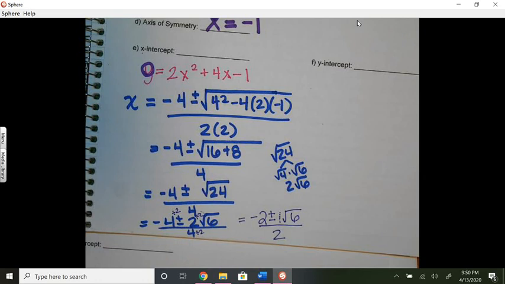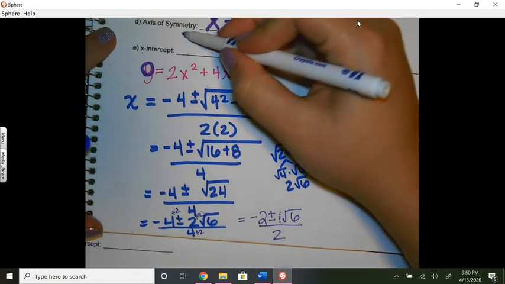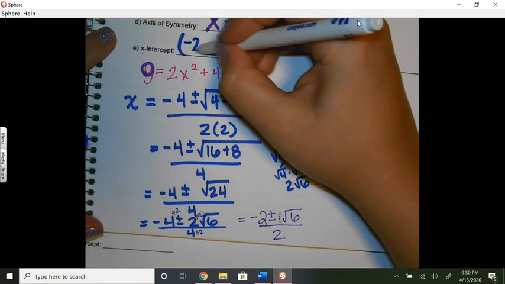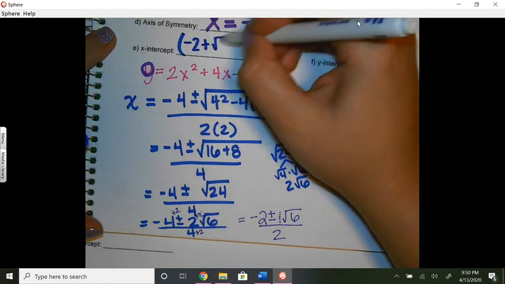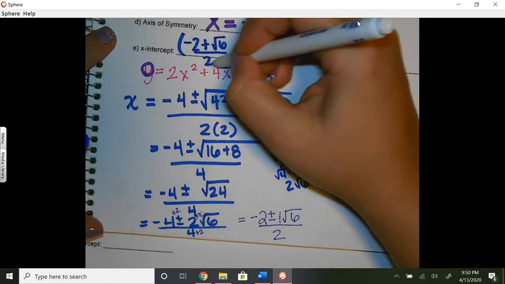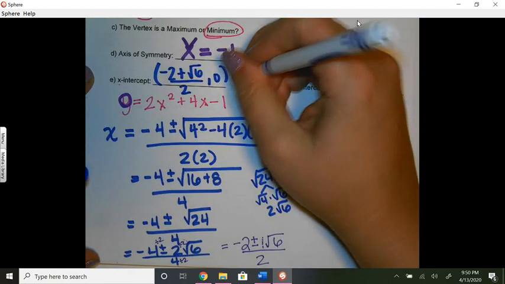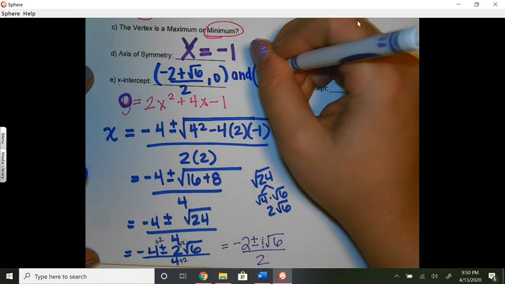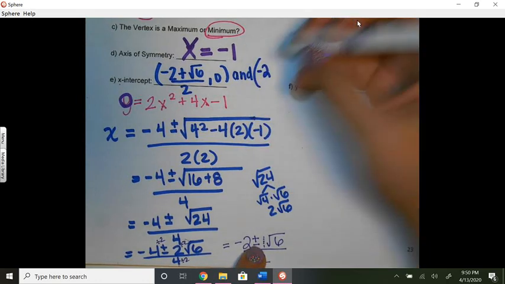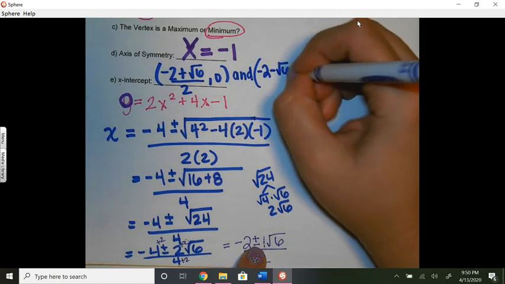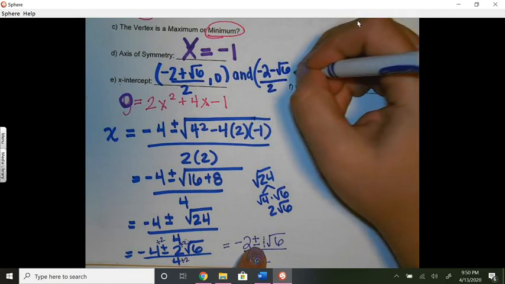Okay, so the x-intercepts, we have one at (-2 plus radical 6 over 2, 0), because that's what y is. And we have one at (-2 minus square root of 6 over 2, 0).